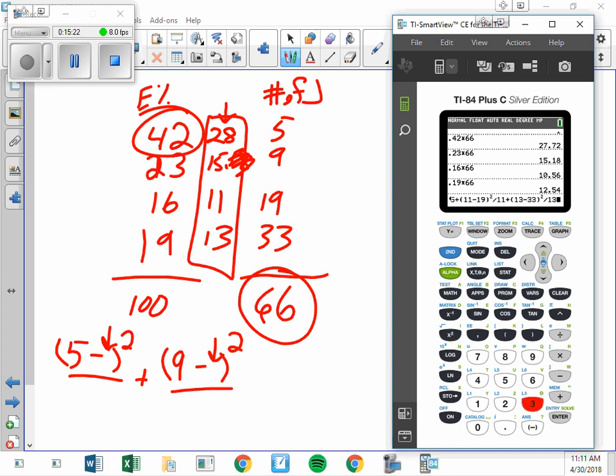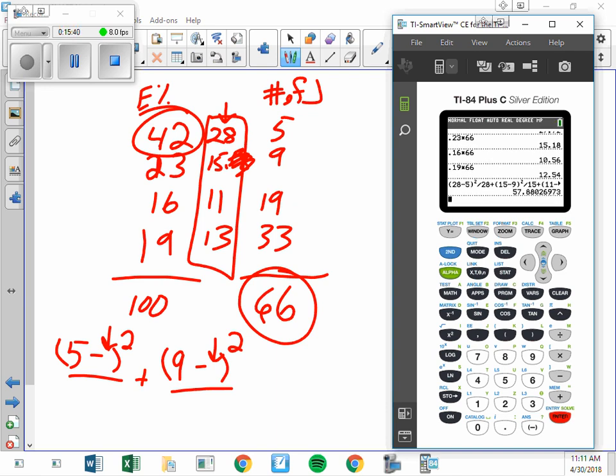Do I expect a high chi-squared value or a low chi-squared value? I expect my chi-squared to be high because I expect my p-value to be very low. So I end up with 57.88.